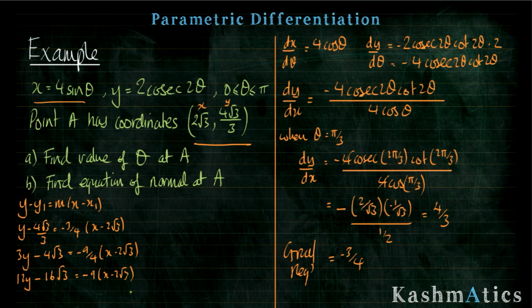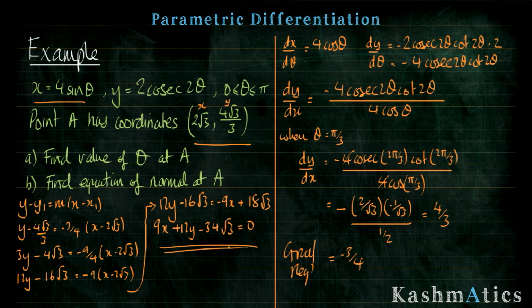And I'm just going to expand the brackets and tidy that up. So that gives me 12y minus 16 root 3 equals minus 9x plus 18 root 3. And move it all to the left hand side. I get 9x plus 12y minus 34 root 3 equals 0.